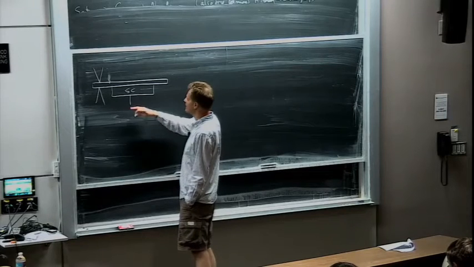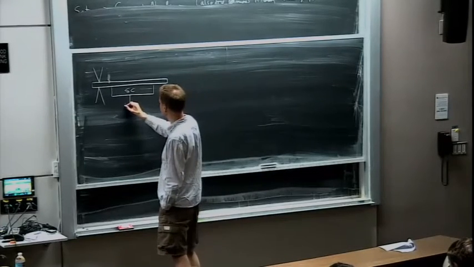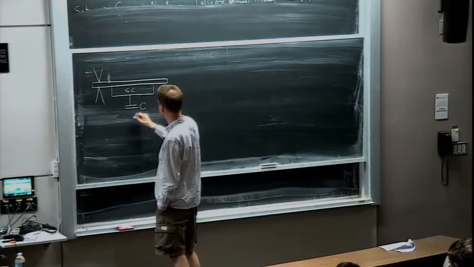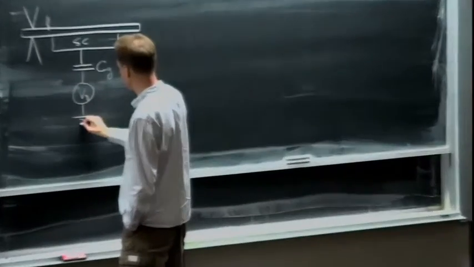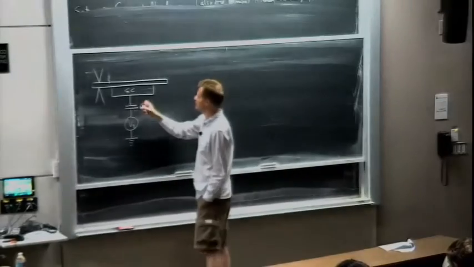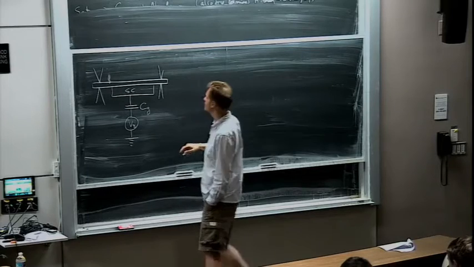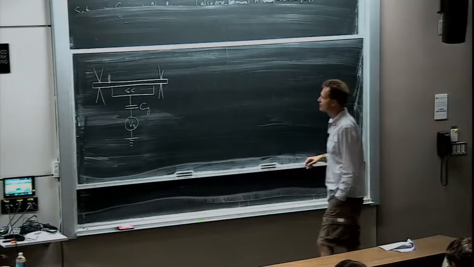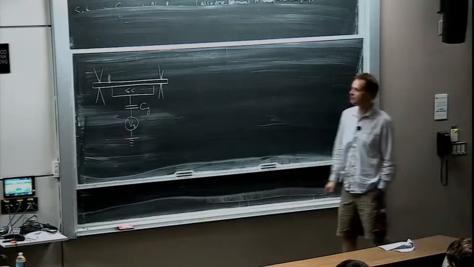Or rather, if you want to have more control, let's put a gate voltage on it that controls the charge on the superconductor. So we have some capacitance, gate capacitance. We apply some gate voltage, and then that goes to ground. Okay, and then now we cannot measure the current between this lead and the superconductor, but rather we have to go between this lead and the other end of this topological superconductor. So now we apply the bias between this end and that end. Okay.